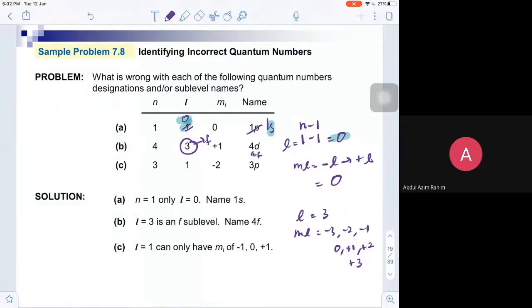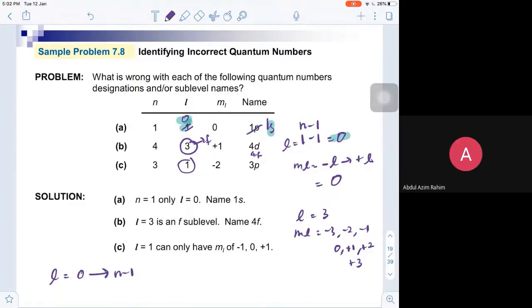Then the third one. When n equal to 3, can L be 1? L is equal to 0 until n minus 1. Yes, L can be 1.